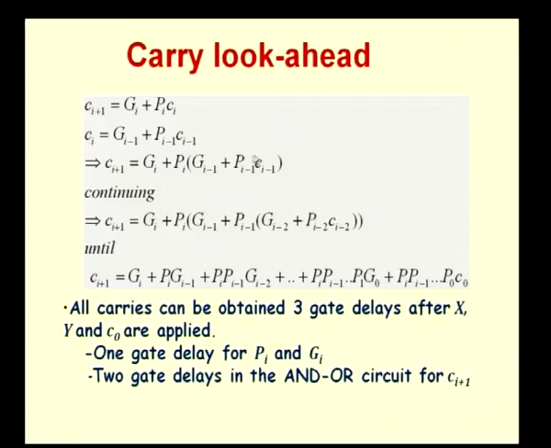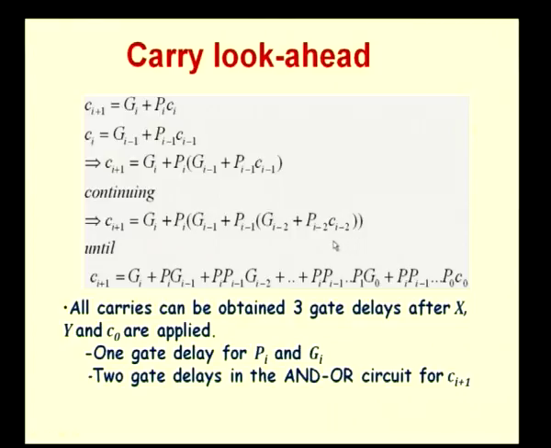This Ci minus 1 can be further replaced by Gi minus 2 and Pi minus 2 into Ci minus 2. So, if you continue in the same manner, your Ci plus 1 will be Gi plus Pi into Gi minus 1 plus Pi minus 1 into, now the Ci minus 1 we are replacing with Gi minus 2 plus Pi minus 2 into Ci minus 2.